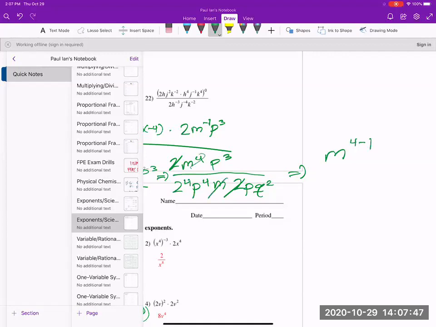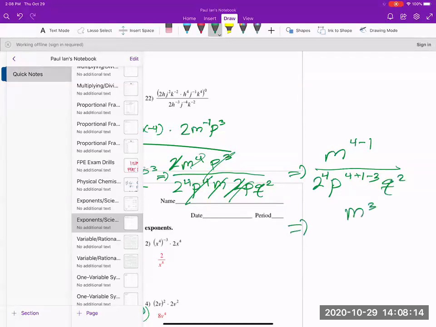And then you have p3 up top, but then the bottom exponents are bigger. So that's 4 plus 1 minus 3. And this is to the 4th. And then you have this p plus 4 minus 3, q squared.